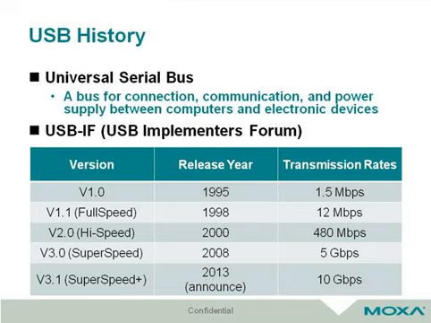The first version of the USB standard was released in 1995, and now USB 3.0 is getting to the commercial market. The USB Implementers Forum, Incorporated is a non-profit corporation founded by the group of companies that developed the USB specification.